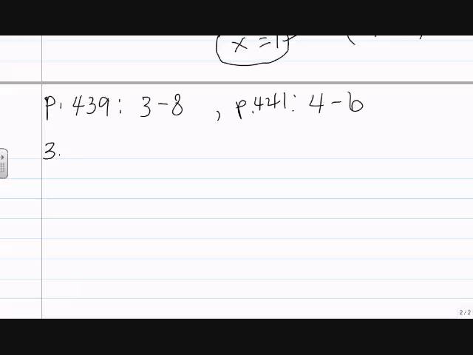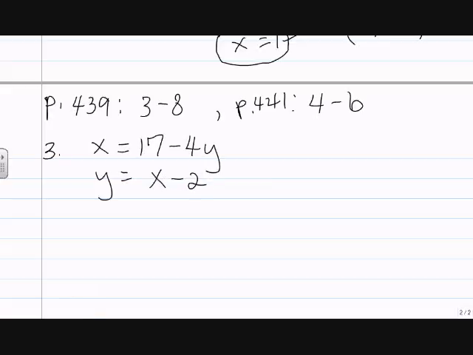Okay, let's try number 3. x equals 17 minus 4y, and y equals x minus 2.